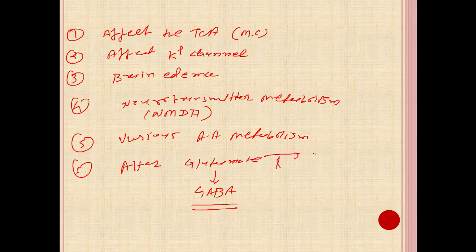Glutamate itself is an excitatory neurotransmitter. GABA is an inhibitory neurotransmitter. So overall it alters the level of excitatory as well as inhibitory neurotransmitters and affects various mechanisms in the brain. By these various mechanisms, ammonia directly affects mainly the neurons. It increases the excitability and sometimes decreases the excitability of neurons, and that ultimately leads to unconsciousness. So the body always tries to maintain a low level of free ammonia in the blood.